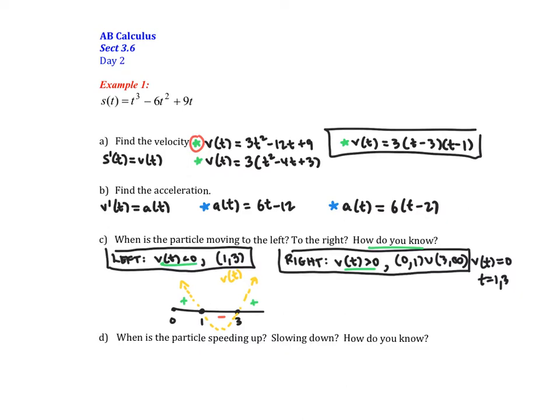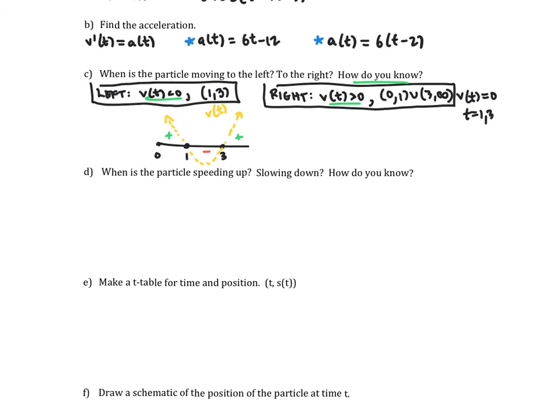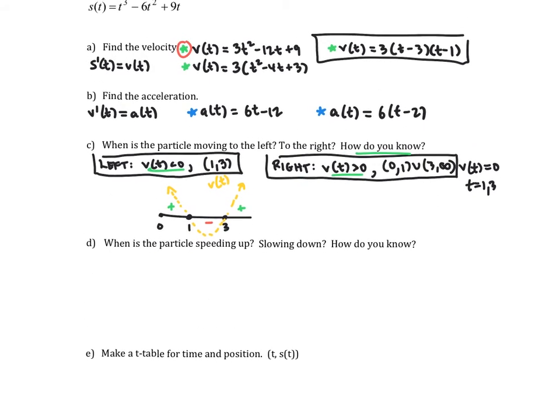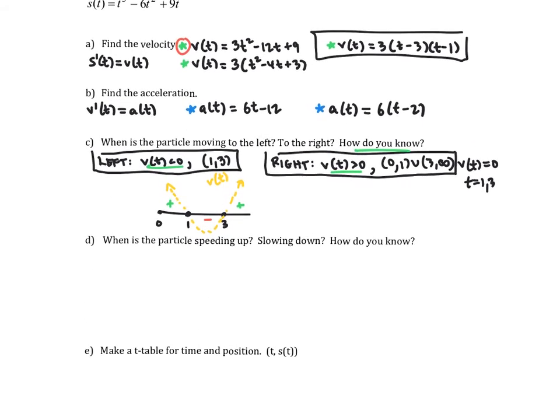Okay, let's continue. When is the particle speeding up and when is the particle slowing down? Okay, so I'm going to do a comparison of v of t with a of t. I'm going to do a little sketch of v of t, which I've already done. Okay, so 0 and 1 and 3.